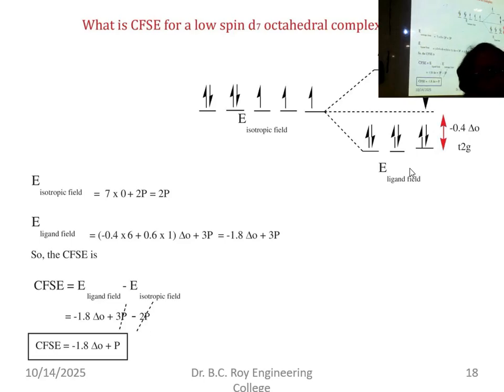Cobalt as Co2+ is d7: 4s2 3d7, so if you remove 2 electrons, it will be 4s0 3d7. So d7 means we can assume it is cobalt. Now for a d7 cobalt complex, if you take chloride, you get some splitting value. If you take cyanide, you get some other splitting value. That's why the value specifically cannot be given. It is given as delta O.